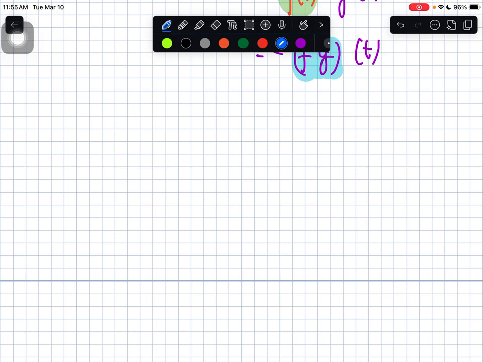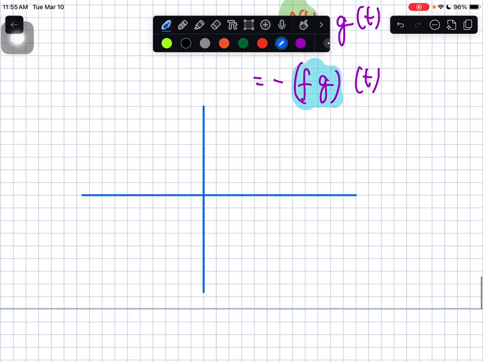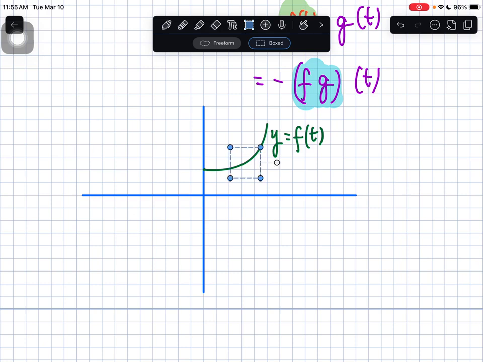So let's draw the graph of an even function. For example, if I have this graph of function f, it looks like this. So y equals f of t, this graph. This point has coordinates t comma f of t.